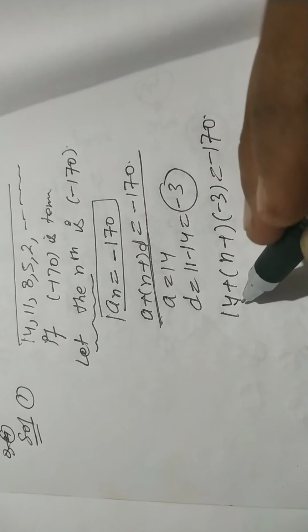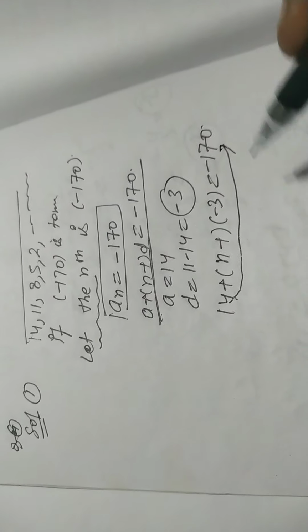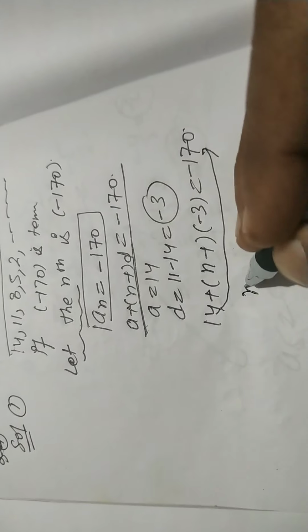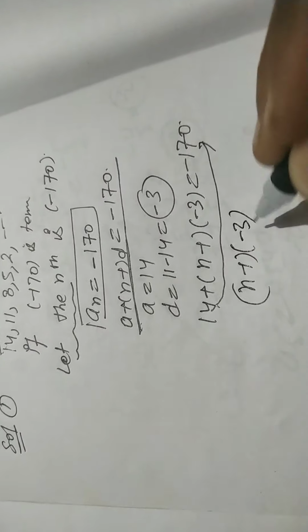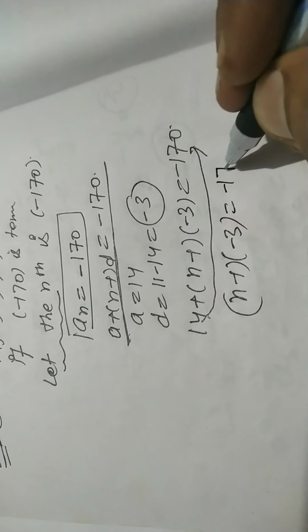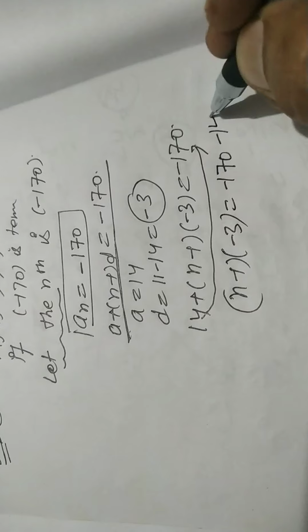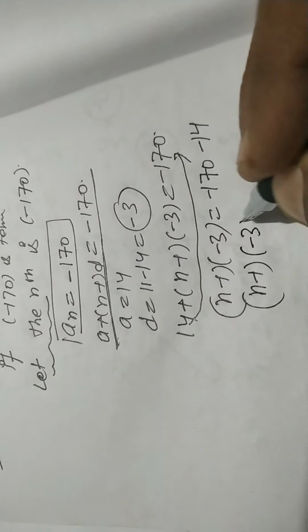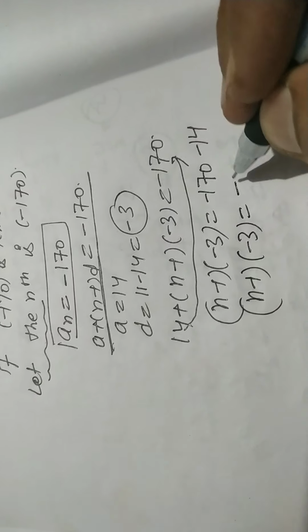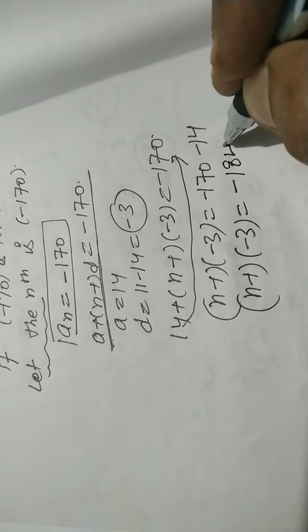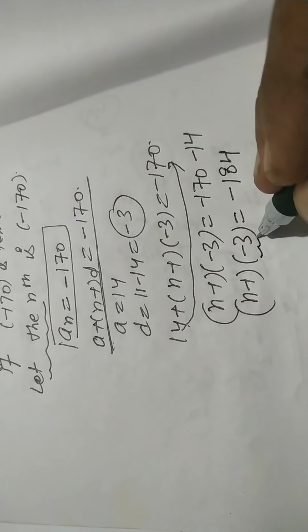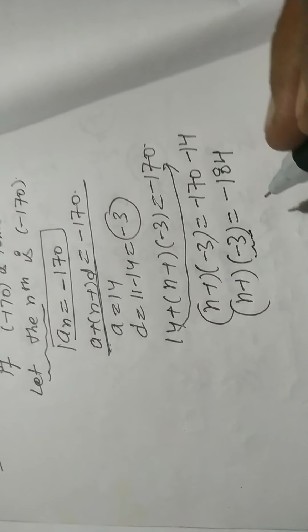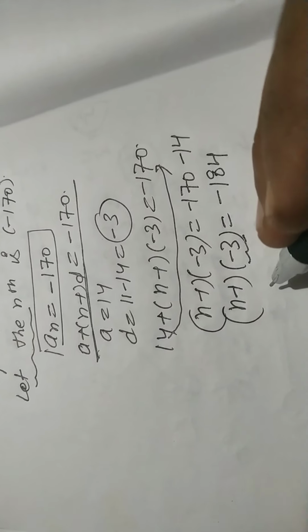First, 14 has to be transferred to the right hand side. That is n minus 1 into minus 3 is equal to minus 170 minus 14, so n minus 1 into minus 3 is equal to minus 184. Now minus 3 is multiplied on the left hand side, so put it on the right hand side.